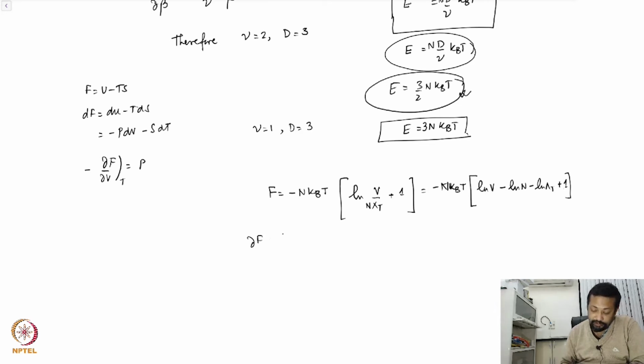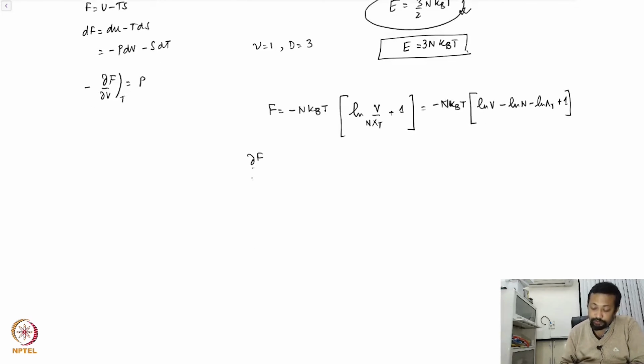If I take a derivative of the free energy with respect to the volume, these three terms will not matter. At constant temperature it is minus nkBT over V. So minus of del F del V at constant temperature is just plus this, and therefore this is the pressure. So you have PV equal to nkBT.